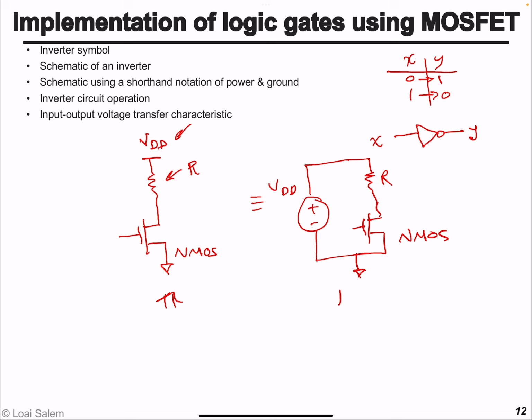So instead of sketching the voltage source explicitly, we just indicate it by a horizontal dash line.